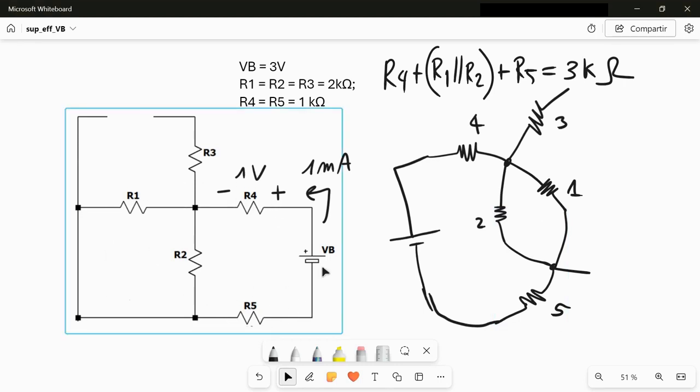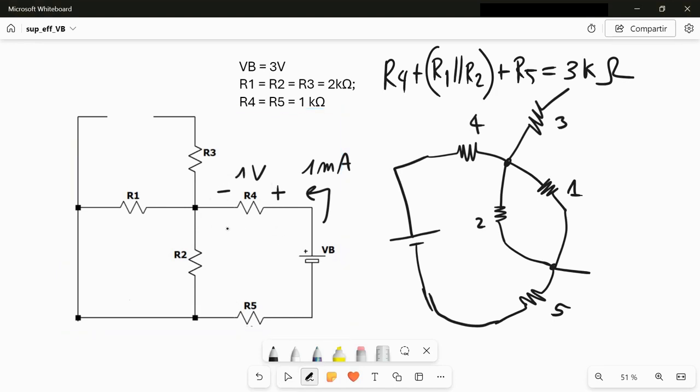So if I solve this mesh, I will have a voltage divider, and so this 3 volt of VB will fall 1 volt here, 1 volt, let's say here, which is the same as saying I have 1 volt here and also 1 volt here.